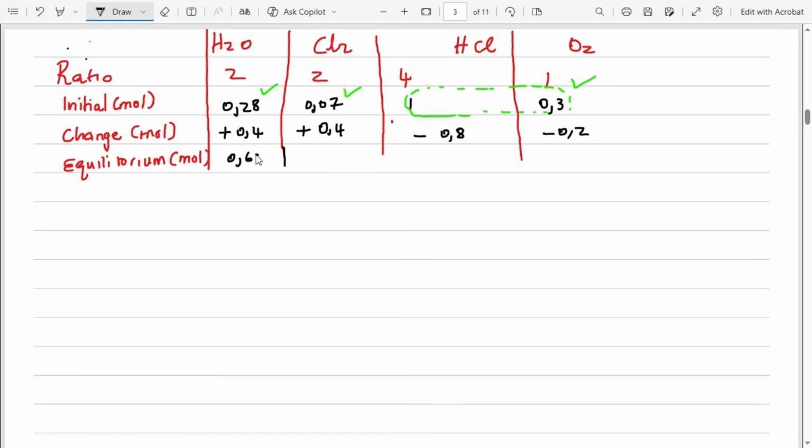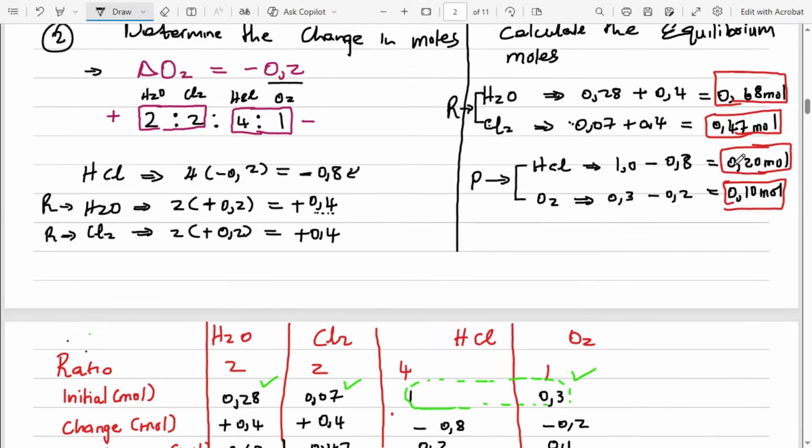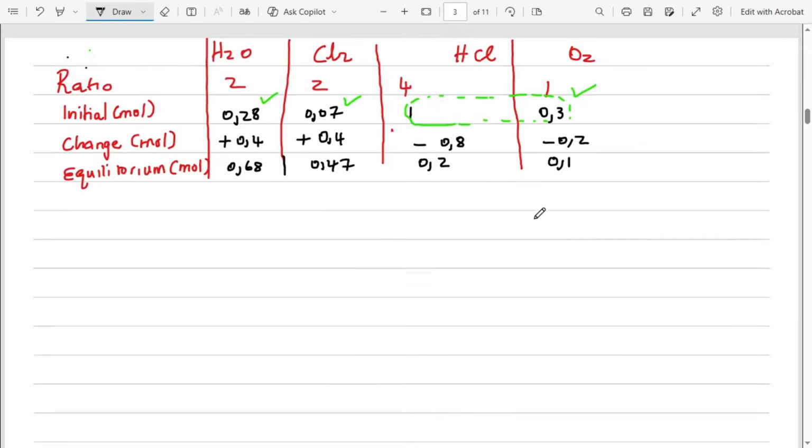This one was 0.68, this one was 0.47, this one was 0.2, and the last one was 0.1. That is what we got from this. For H2, 0.68, 0.47, and then 0.2, 0.1. And that's it for this one.